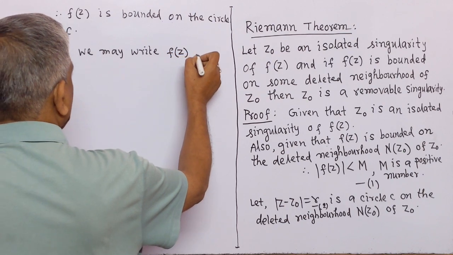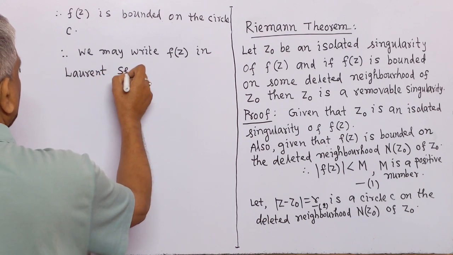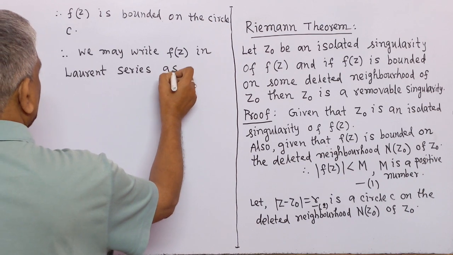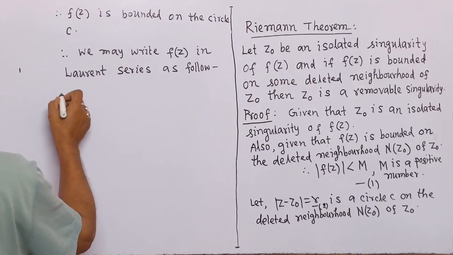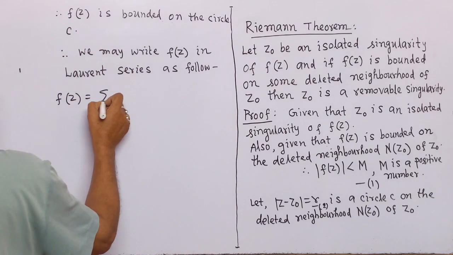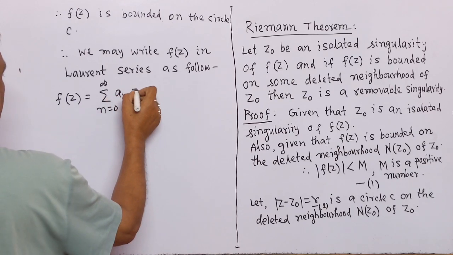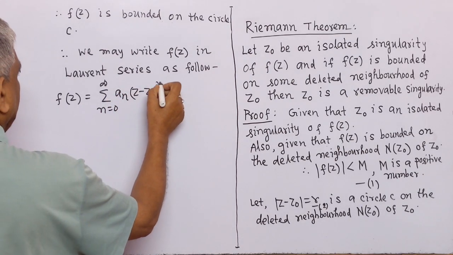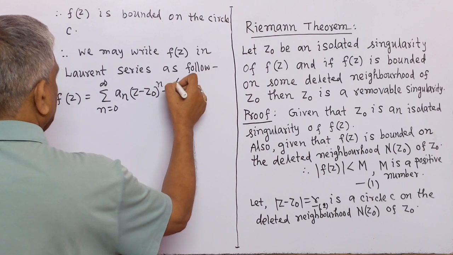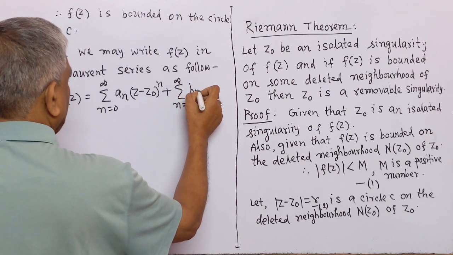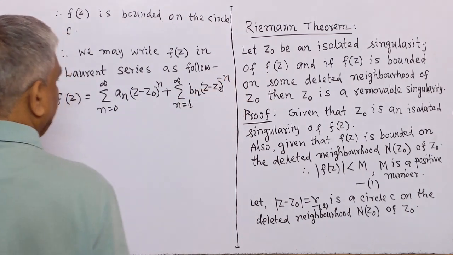f(z) in Laurent series as follows. f(z) equal to sigma n equal to 0 to infinity a_n (z minus z naught) whole to the power n plus sigma n equal to 1 to infinity b_n (z minus z naught) whole to the power minus n.